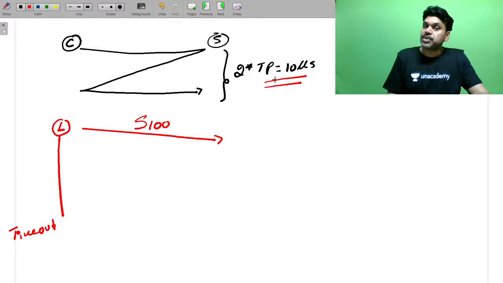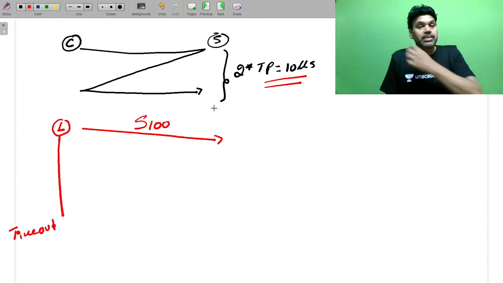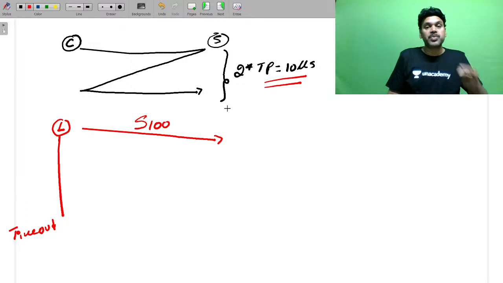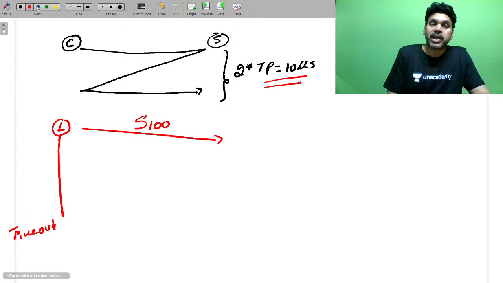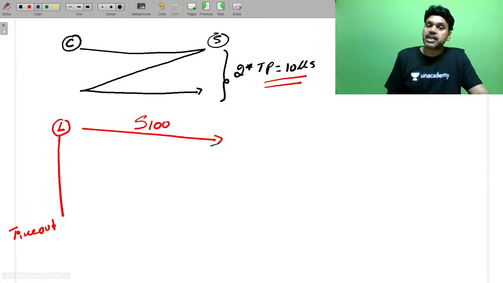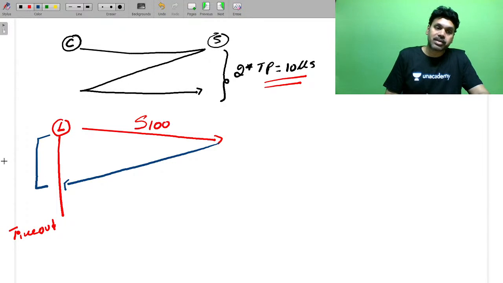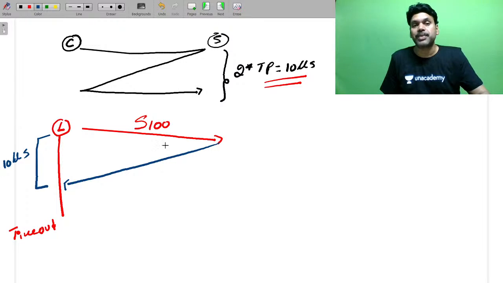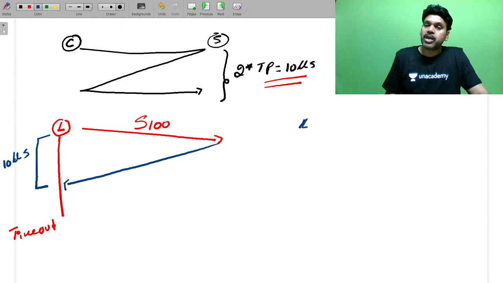This timeout value depends on your 2 into TP, because at connection establishment I got the acknowledgement within 10 microseconds. Therefore, every segment is supposed to be acknowledged within 10 microseconds.